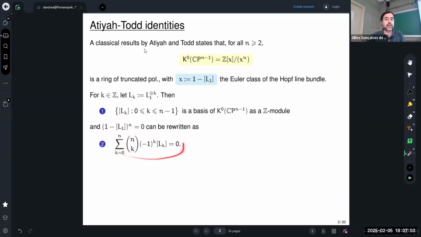Now, in this relation, you don't see the product in K-theory anymore. So this makes sense as an identity in the abelian group K0. The multiplicative structure is no longer needed.